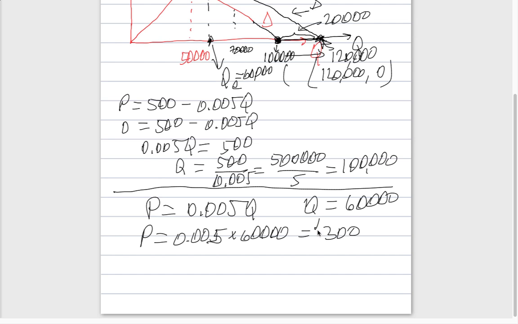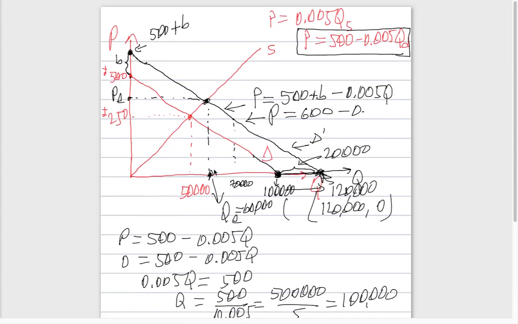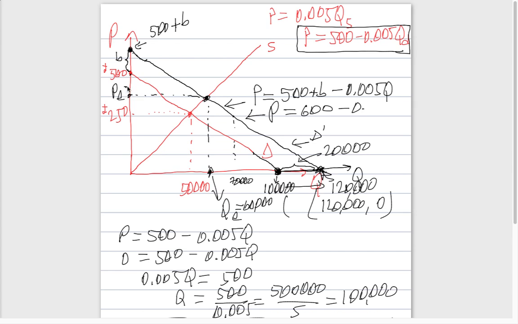The three zeros go with this, and then 5 times 60 gives us this. So the new equilibrium price is 300 pounds. Done. That's the solution.